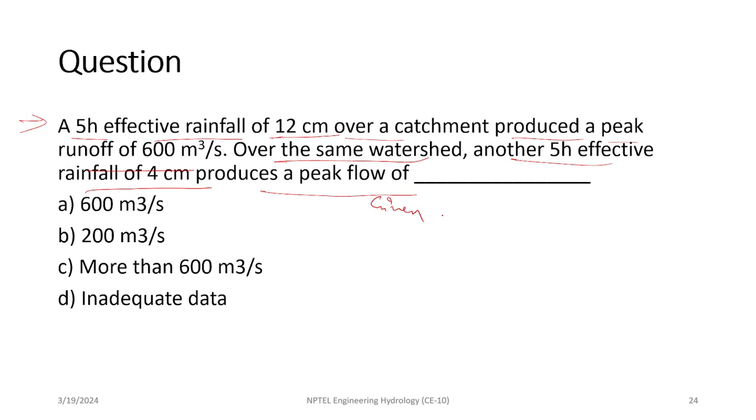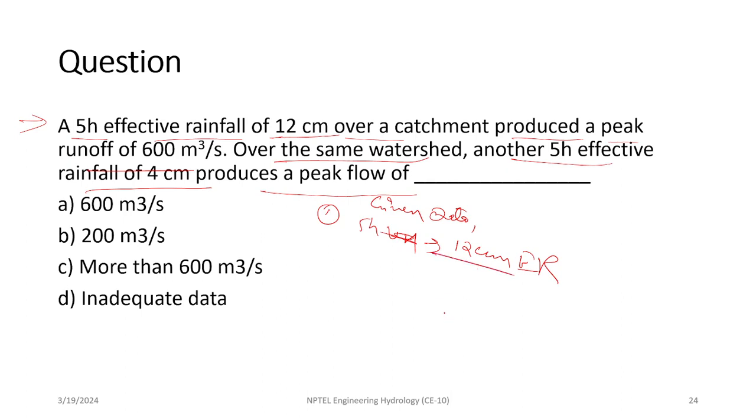If I write the given data, in the first case it is a 5-hour duration hydrograph, not a unit hydrograph, having 12 centimeter of effective rainfall. So ER here is not 1, ER here is 12 centimeter.